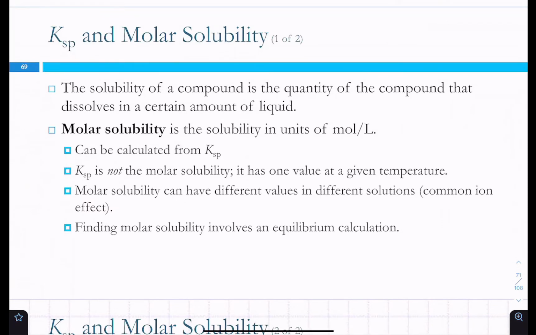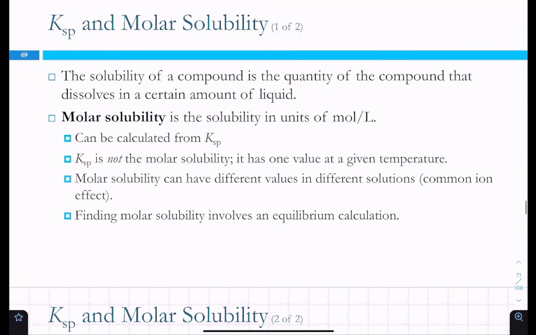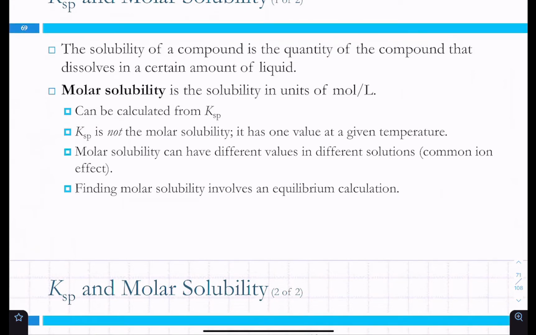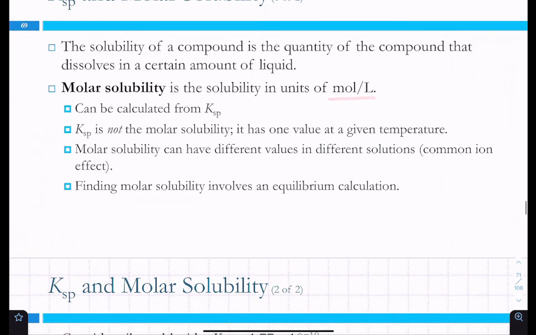So molar solubility is a quantity of the compound that dissolves in a certain amount of liquid. So using molarity, because moles per liter, it's going to be very useful, and we're going to use it for a lot of these calculations.